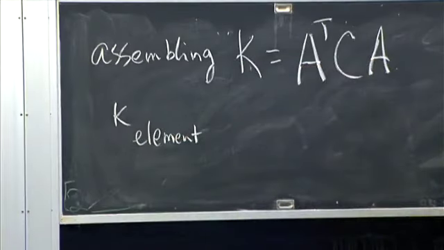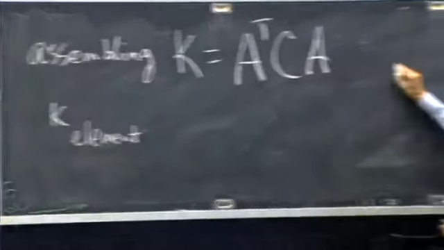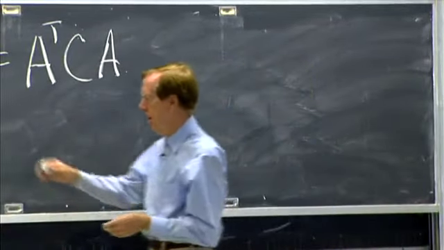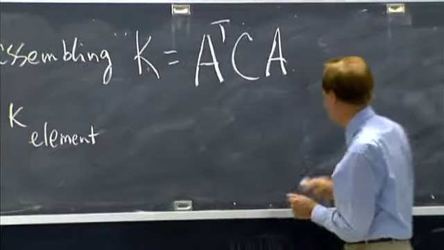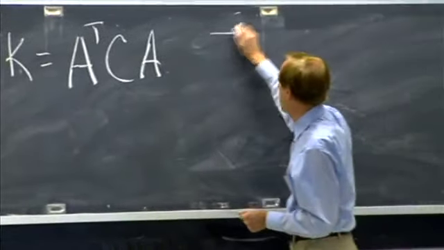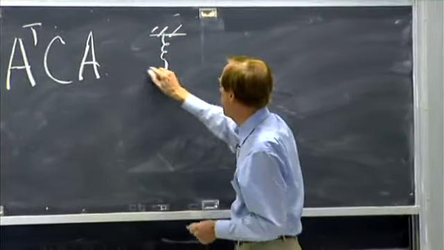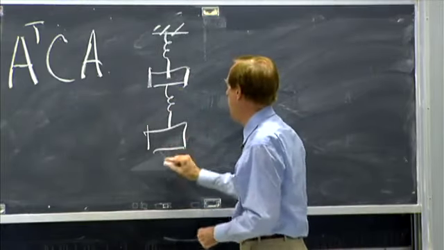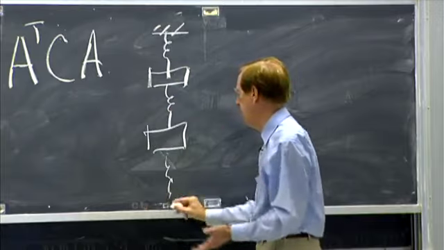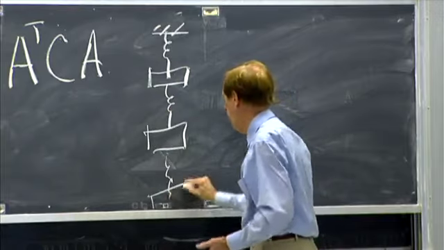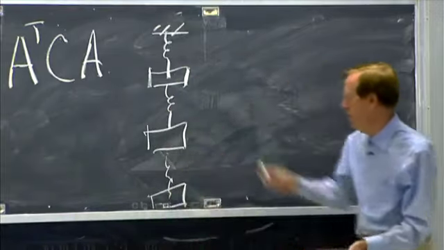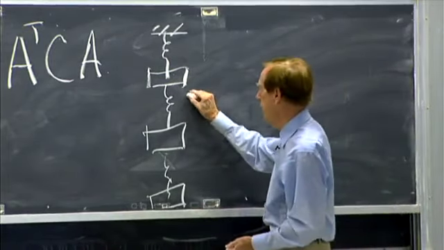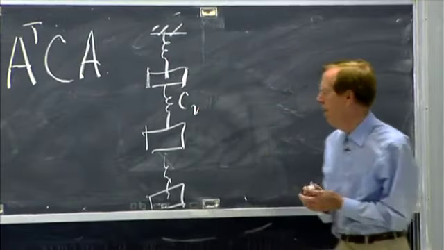Okay. So for example, what's the element matrix for each spring in this particular problem of springs and masses? So let me draw some springs, some masses, some springs, another mass, more springs, fixed, not fixed, whatever. Maybe fixed free, the way I've drawn it there. So here's a spring with spring constant C2.